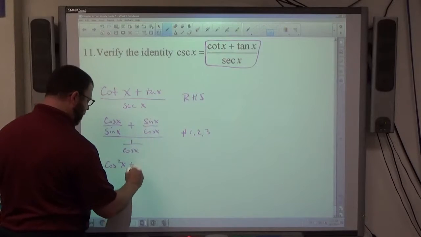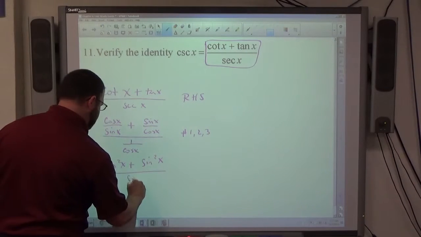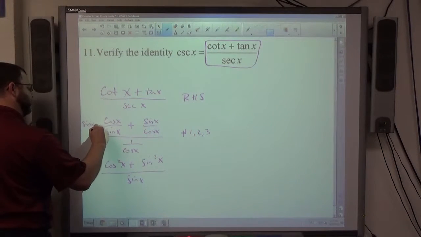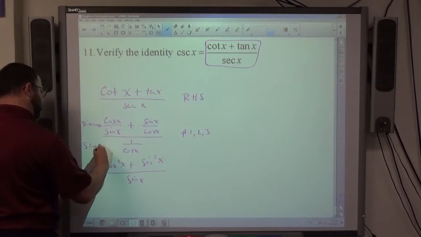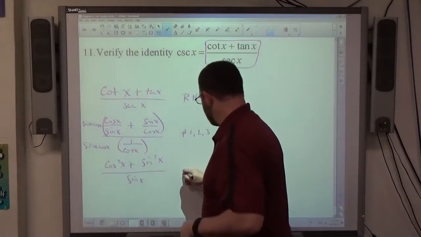Cosines cancel, sine is sine squared. Cosines cancel, I get sine. So again, all I did was multiply top and bottom by sine of x, cosine of x. So multiply top and bottom by the same thing.